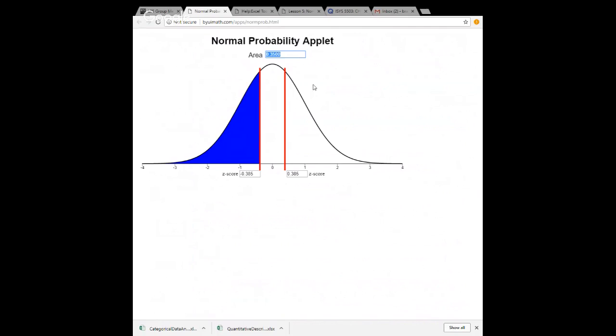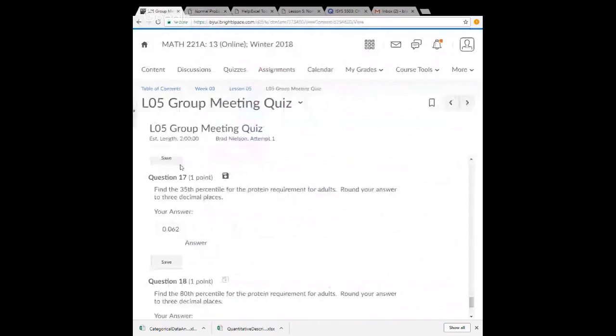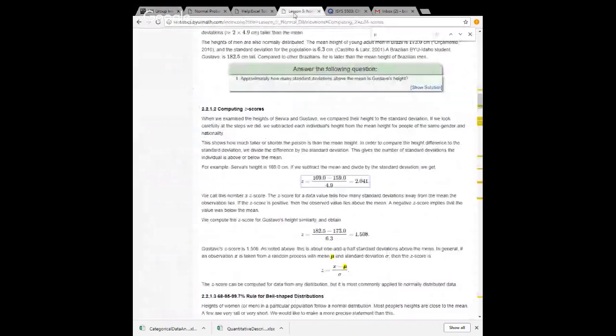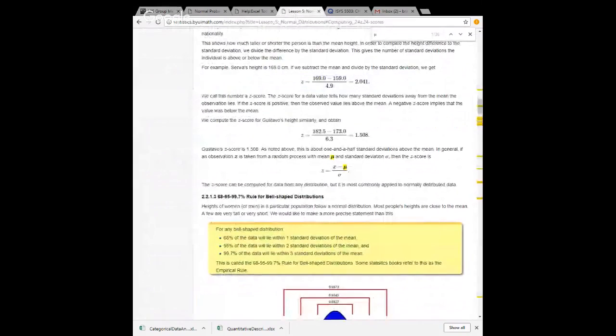And then if we work that out and solve for x, I got 0.062. So what we're saying there is the protein requirements for adults. Okay, wait. I don't think that is the finish. Sorry, I can turn off my screen share now.